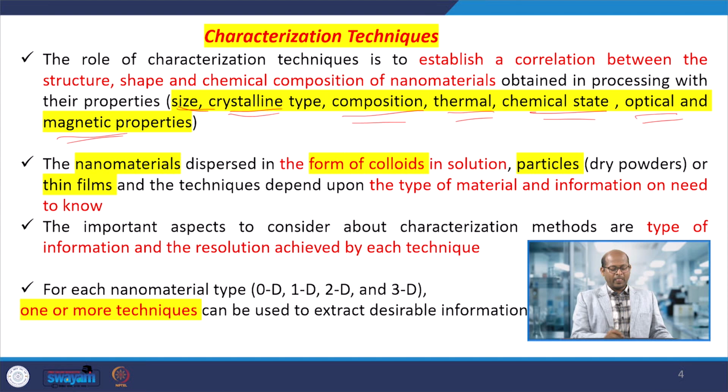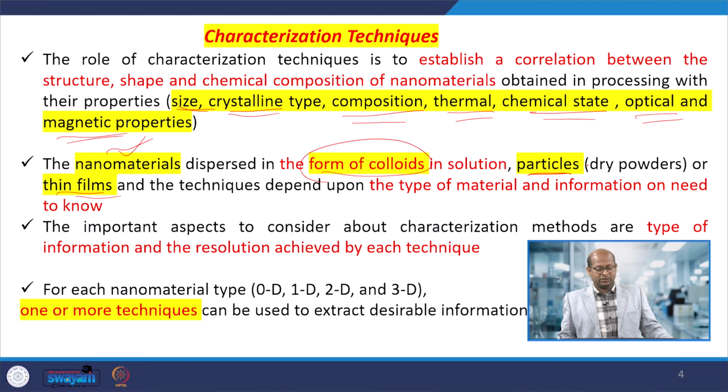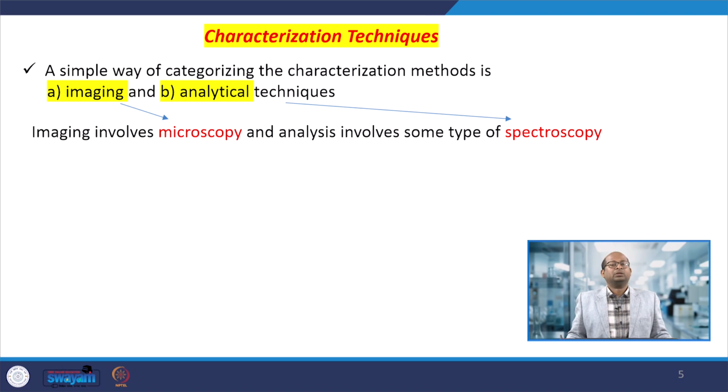Whatever nanomaterials we prepare may be in the form of colloids, particles, or films. For those materials, this information or characterization is important. Now there are many methods available. One is imaging methods, and another is analytical techniques.